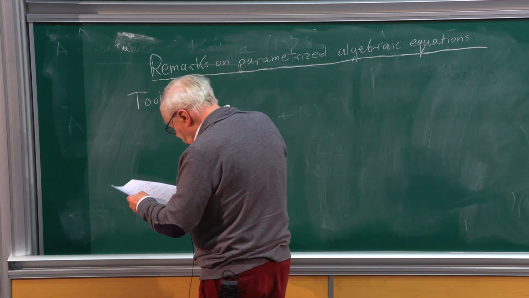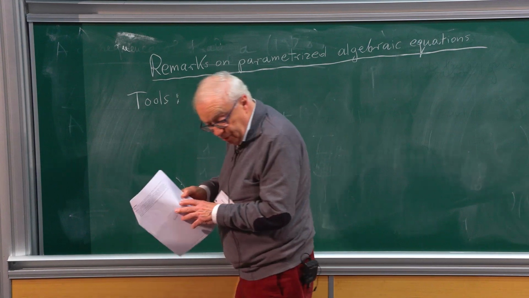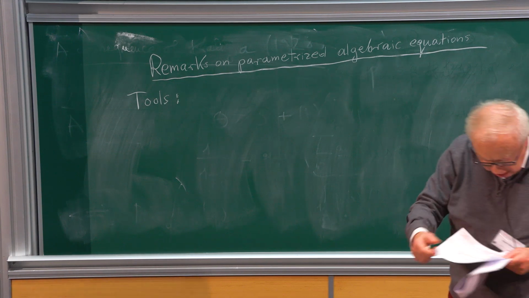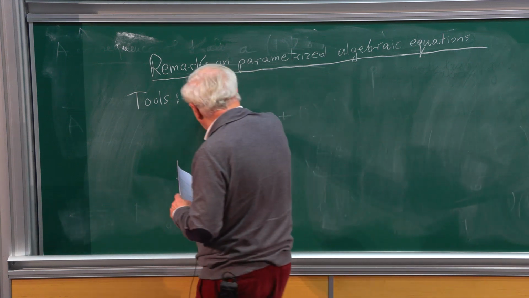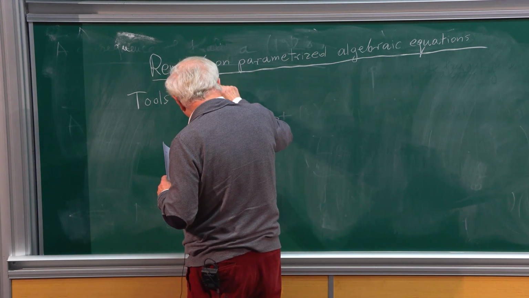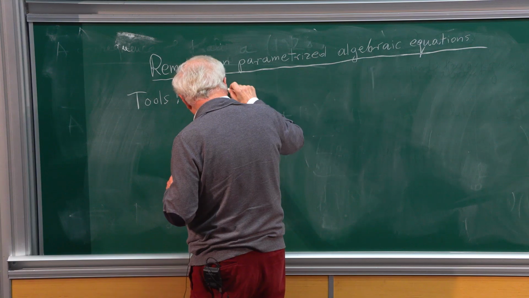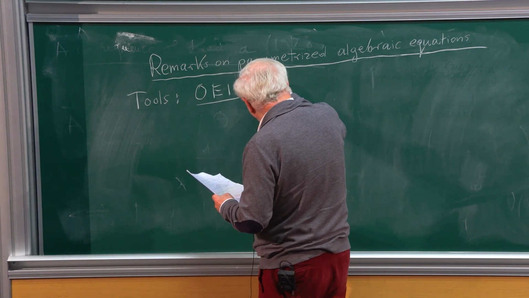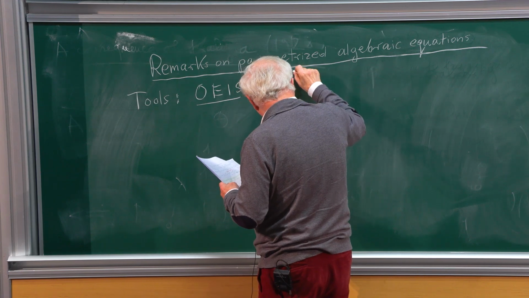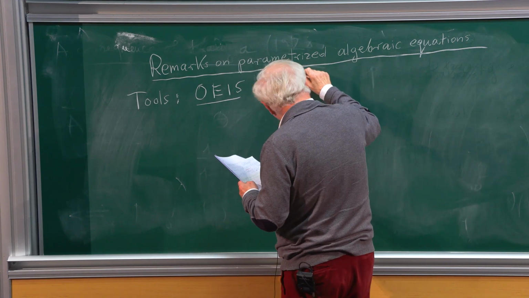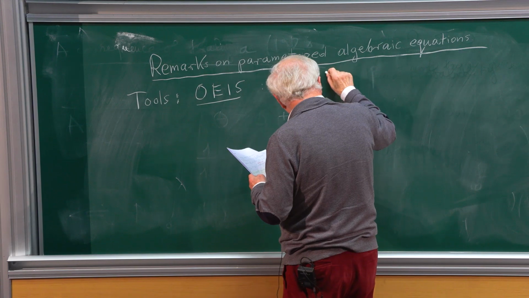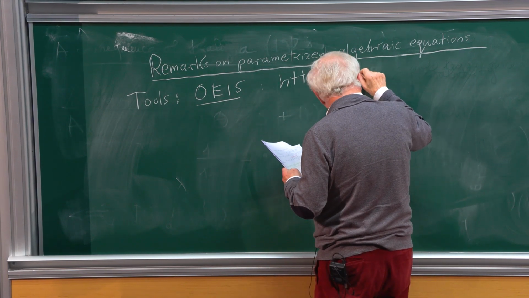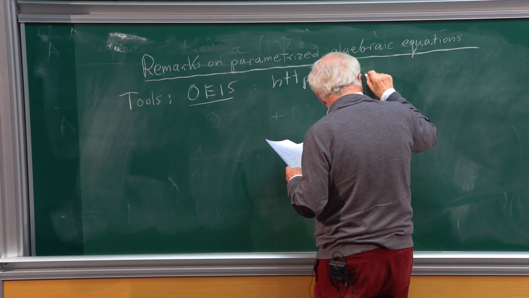So first tool, which is very important here, is the famous Online Encyclopedia of Integer Sequences, which has an address https://oeis.org.